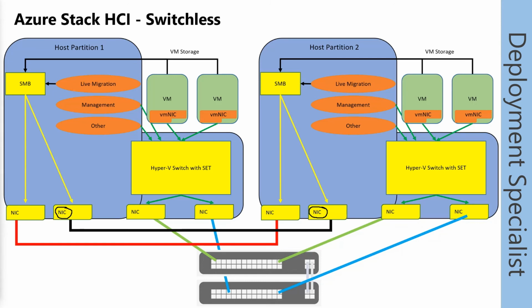When we have a look at this configuration, then the red and the black marked NICs, they are both directly connected for the storage traffic.